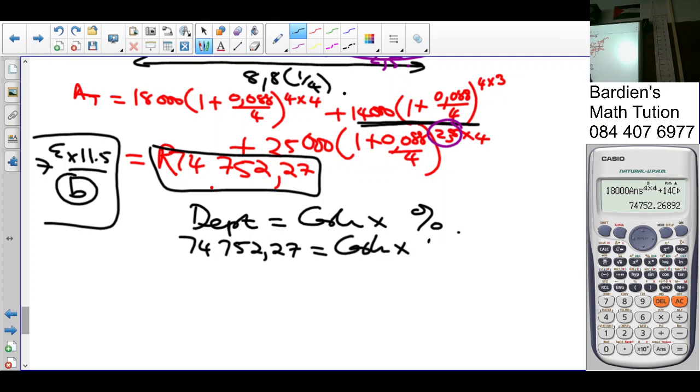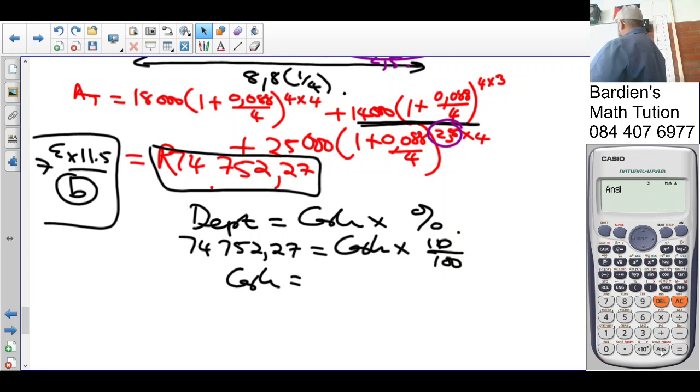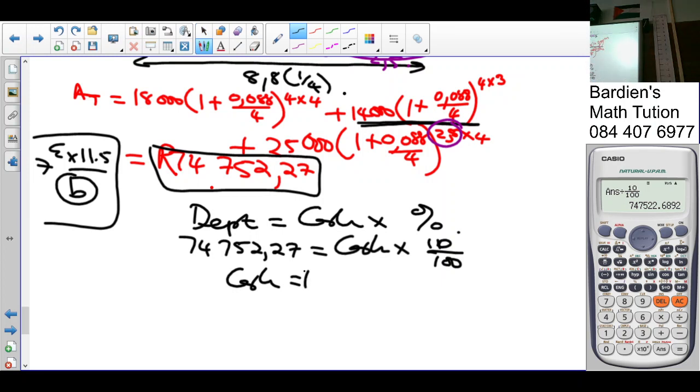10%. So it's going to be 10 over 100. So to get the cash price on its own, I'm going to say 74,752 and 27 cents must be divided by 10 over 100. It's going to give you 747,522 rand and 69 cents.